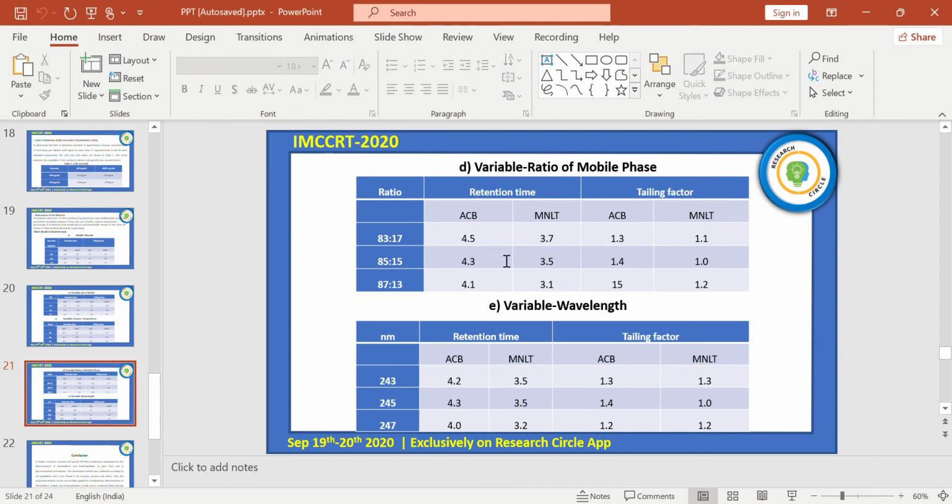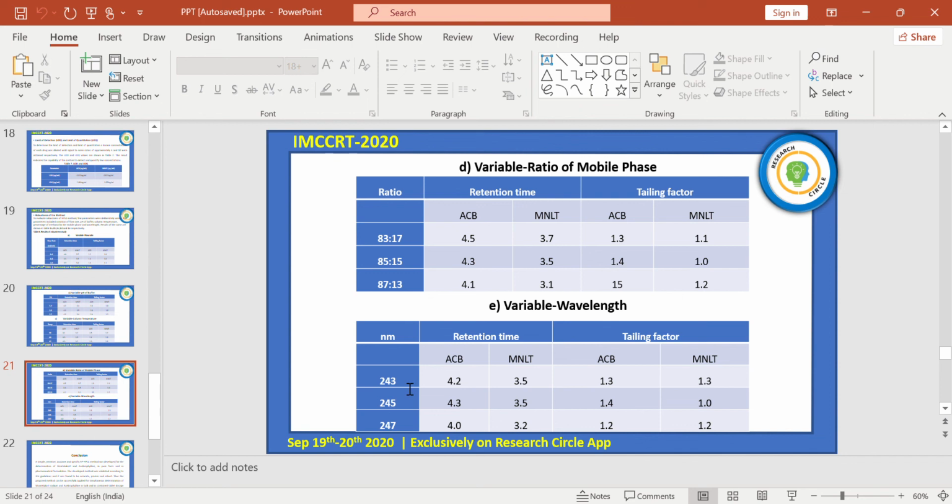The retention time and tailing factors for both the drugs were similar to the earlier. And the third ratio was 87:13. So the retention time and tailing factors for both the drugs were again similar. So though the ratio of mobile phase was changed, the retention time and tailing factor values were found to be same or similar.